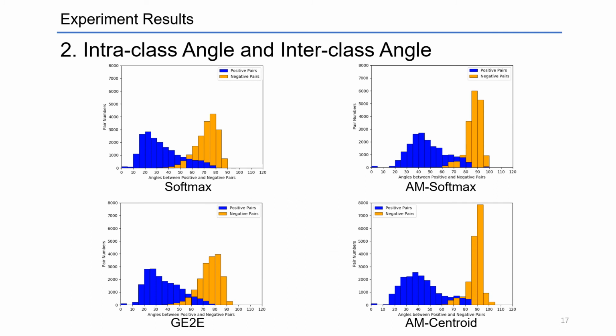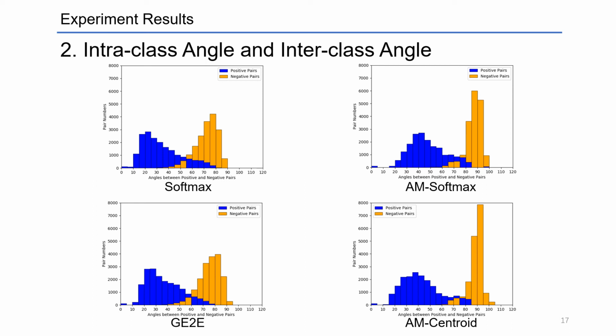In the second experiment, we give the detailed angular distributions of both positive pairs and negative pairs on the verification testing set. As shown in the figure, the verification performance is determined by the overlap between the intra-class and the inter-class angles. The blue area represents the angles between positive pairs, while the orange area represents the negative pairs.